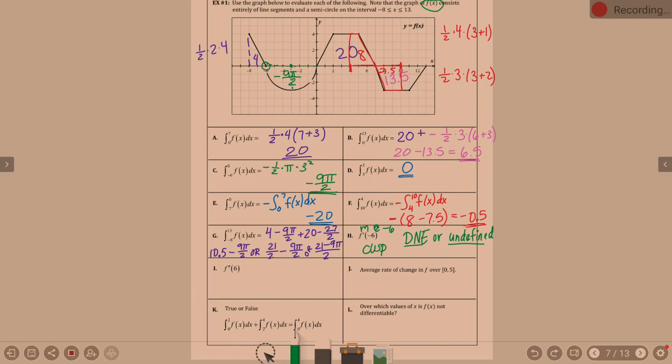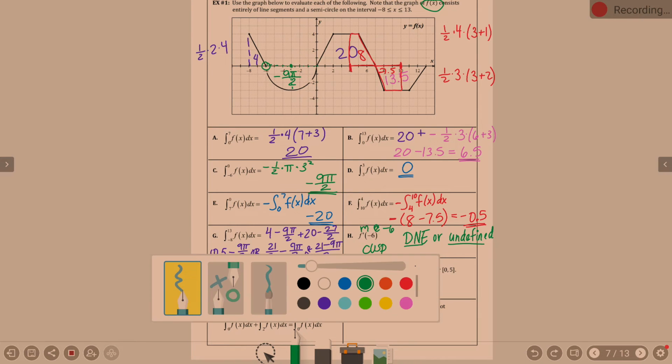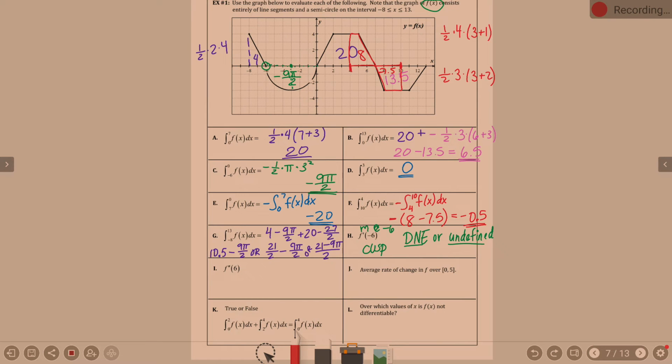I could even go as far back as, if I said f of 6, what am I asking for there? Your y value. At x equals 6, my y value is 2. If I say the first derivative at 6, what am I asking for? The slope. What is my slope there? Rise -2, run 1. So my slope of that line is -2.